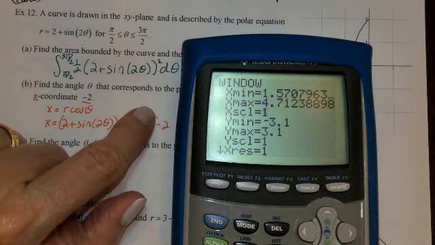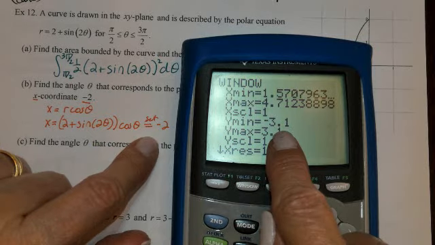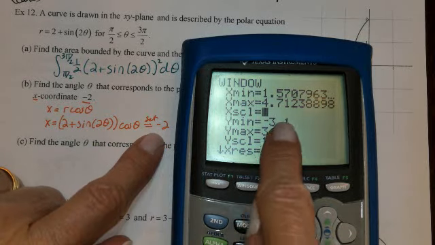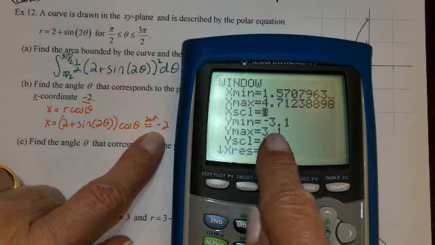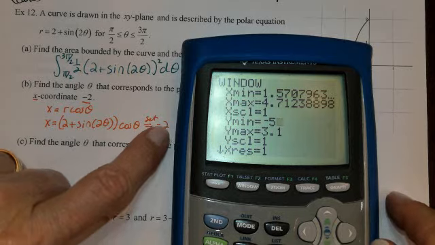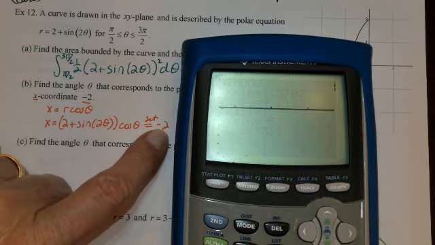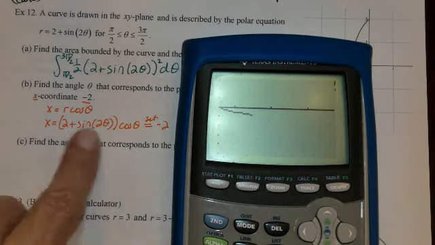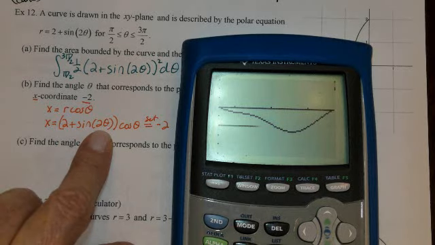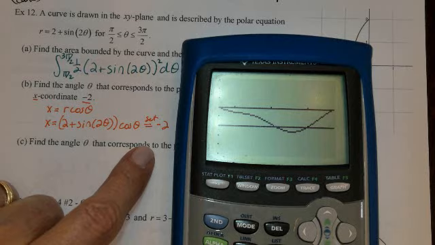Okay? So for my y's, I just need to be sure I include -2, right? This includes -2, but just barely. I think I'm going to go to -5. That's fine, whatever. Really, it just needs to include -2. So here's this weird curve here, and there's -2.